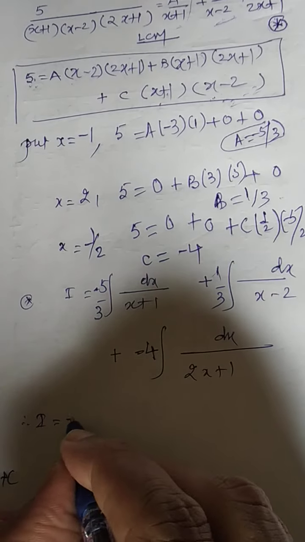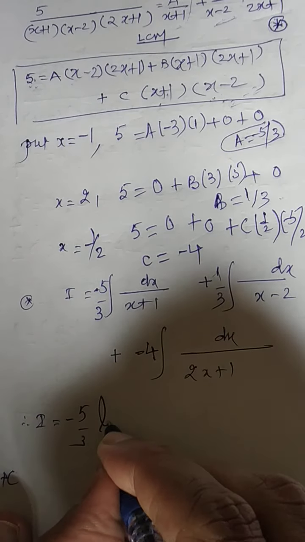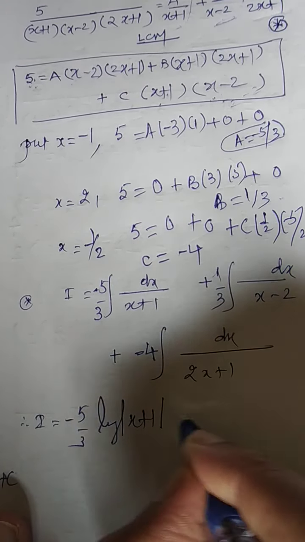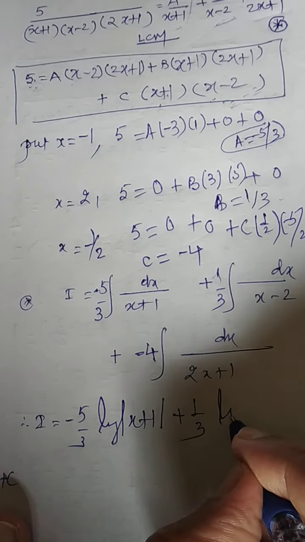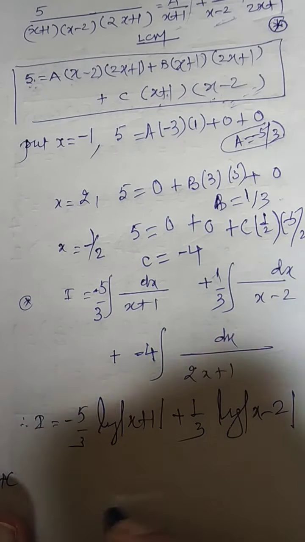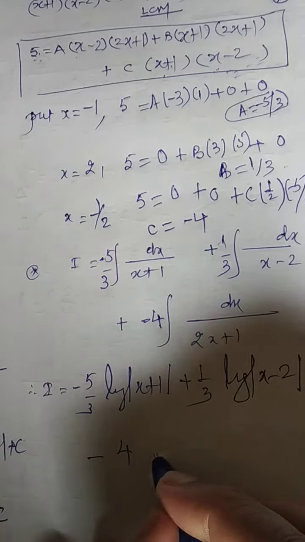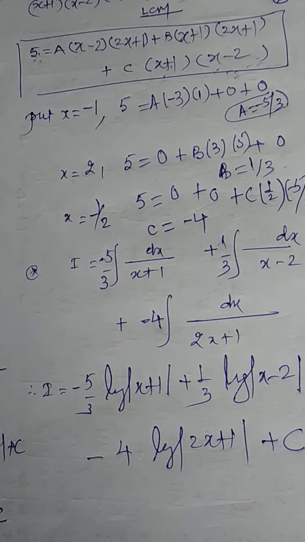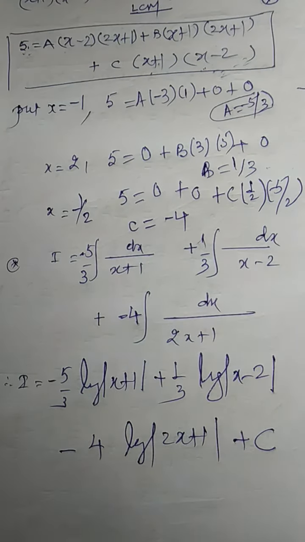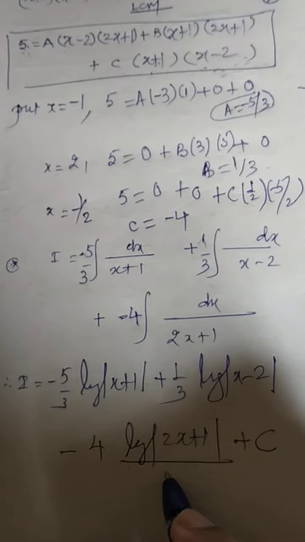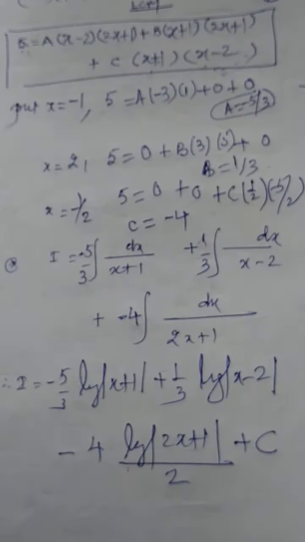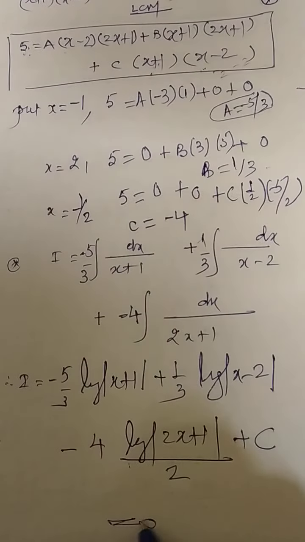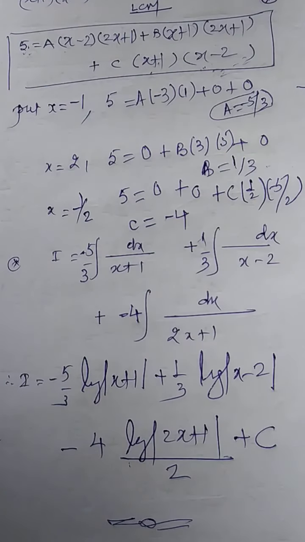Look here, minus 5/3 as it is, log of x plus 1, plus 1/3 as it is, log of x minus 2, minus 4 as it is, log of 2x plus 1, plus constant of integration. This is not correct, we have missed out something. Yes, correct, it is to be divided by 2 because chain rule is applicable. So this is a way of answering the question.